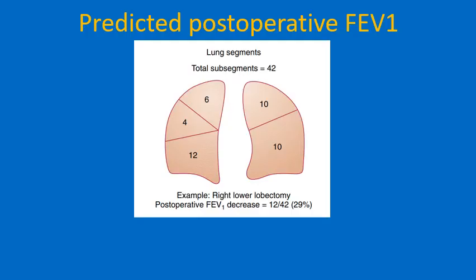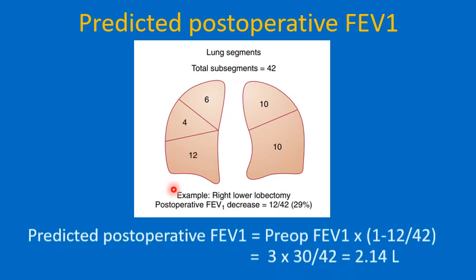So now we shall see how to calculate the predicted postoperative FEV1. For this we should know that the lung is divided into subsegments. In the right lung we have got 22 subsegments, and in the left lung we have got 20 subsegments. For example, if a right lower lobectomy is done, then 12 subsegments will be removed.